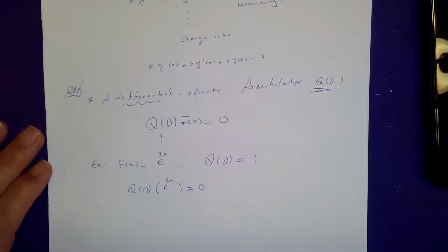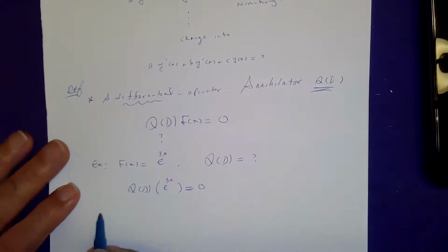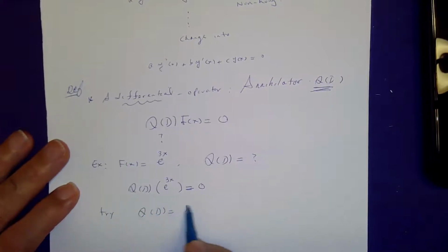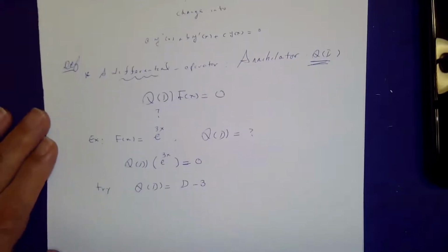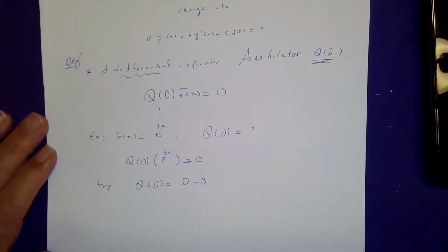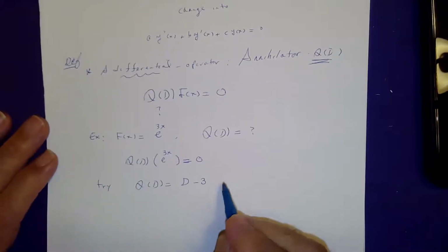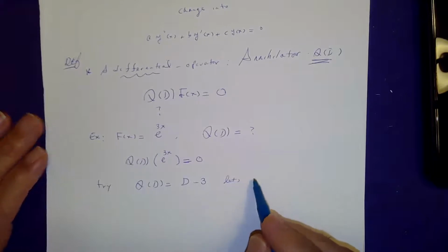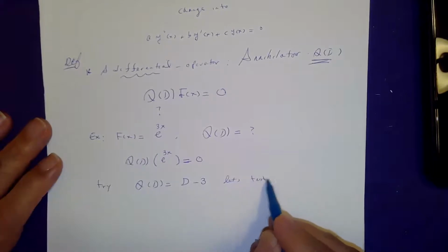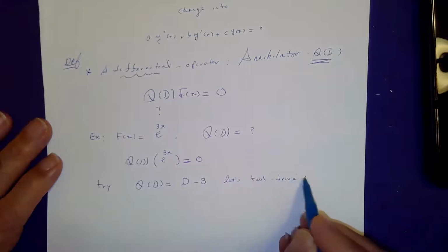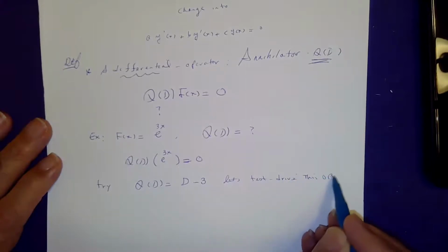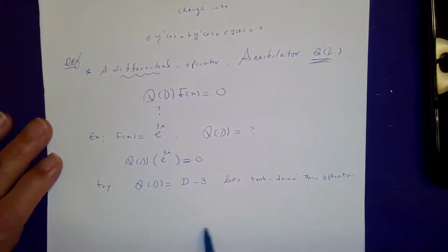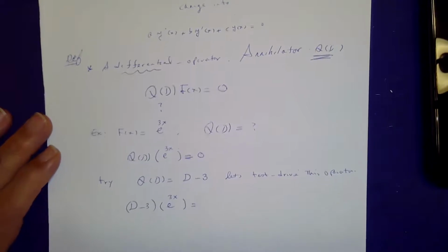What would that be? Well, let's give it a try: this operator, D minus 3. Let's see if this does the job. Let's test drive this operator. So I'm going to take D minus 3 and apply it to e to the power of 3x.